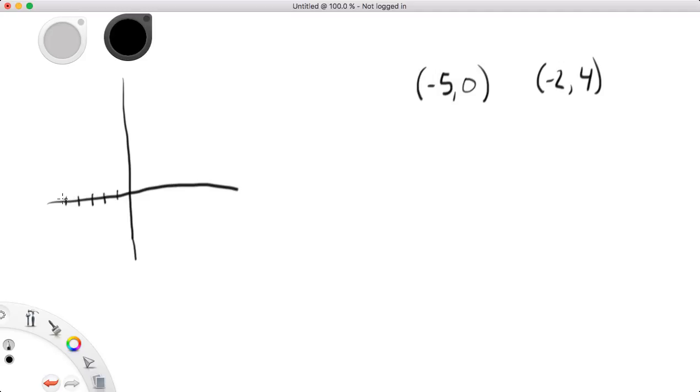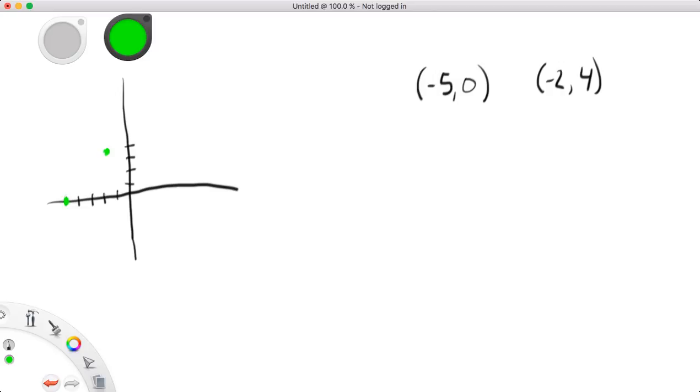We've got 1, 2, 3, 4, 5, and I'll just change the color real quick. Here's -5, 0, and then 1, 2, 1, 2, 3, 4, and here's -2, 4. And the question is, what is the distance between those 2 points?